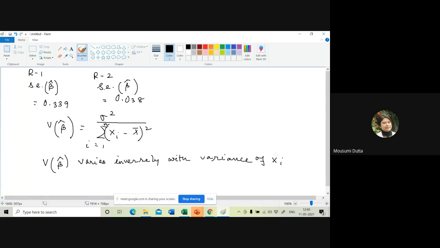Can we say this thing? Sigma squared is a constant which is in the numerator. So given that value, can we say that variance of beta hat varies inversely with variance of xi? Yes, ma'am.